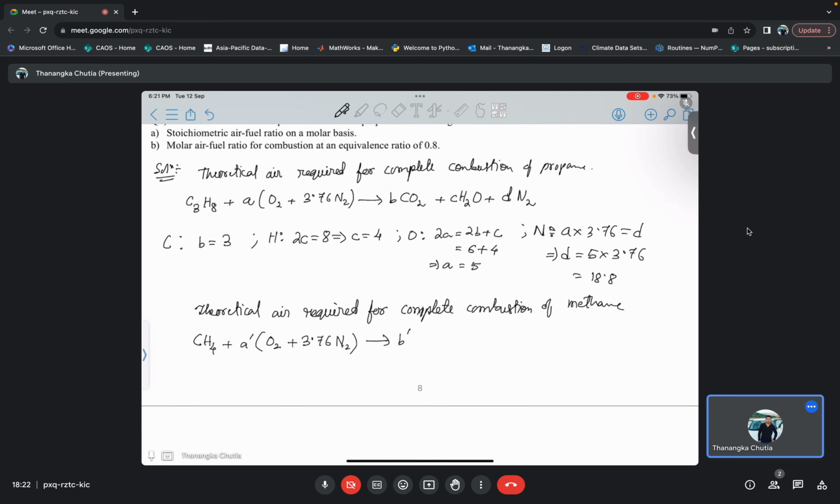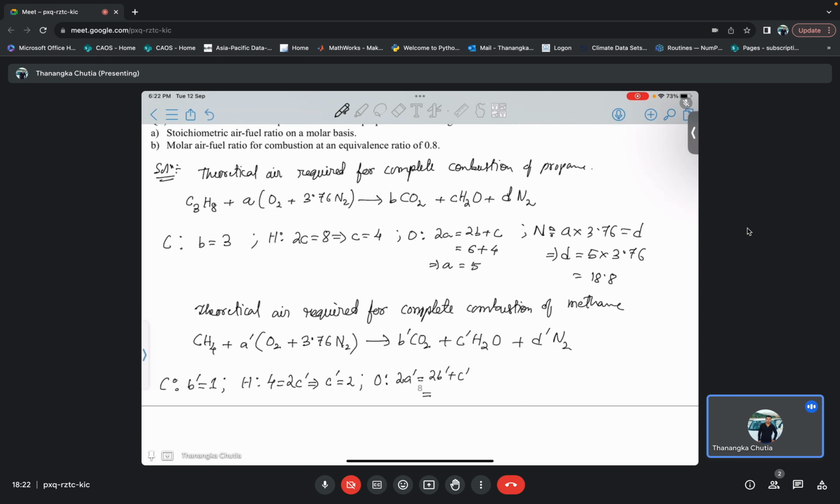This gives B prime times CO2 plus C prime times H2O plus D prime times N2. Once again, if we do carbon balance, we will get B prime is equal to 1. If we do hydrogen balance, we will get 4 is equal to 2 C prime, so this gives C prime is equal to 2. We'll do oxygen balance, we'll get 2A prime is equal to 2B prime plus C prime.